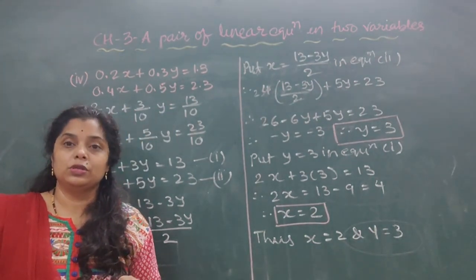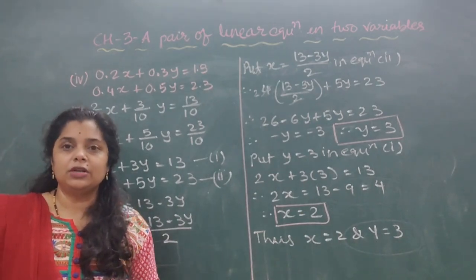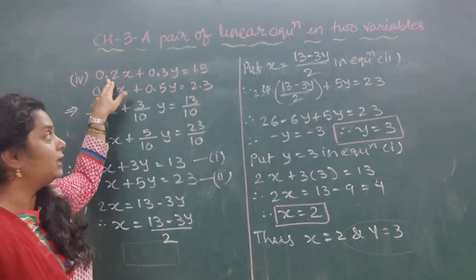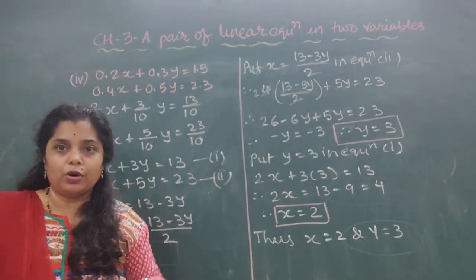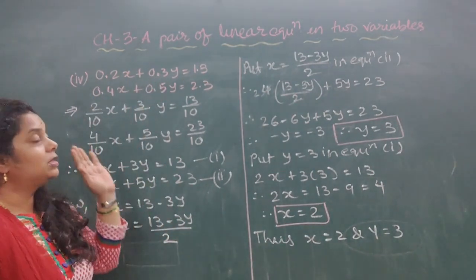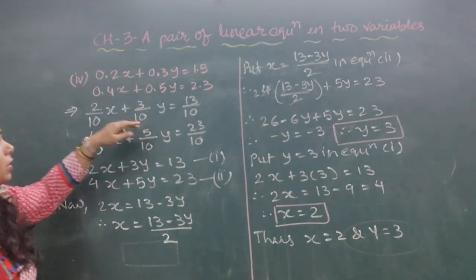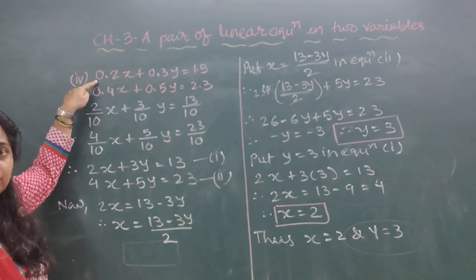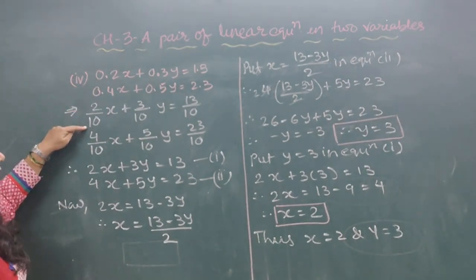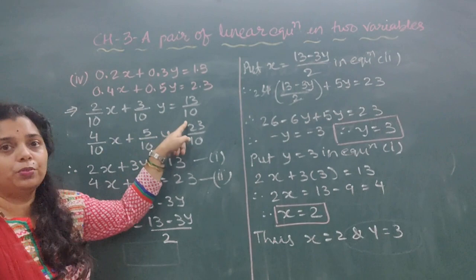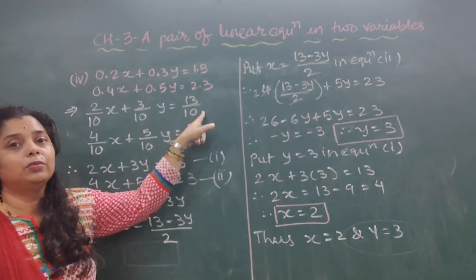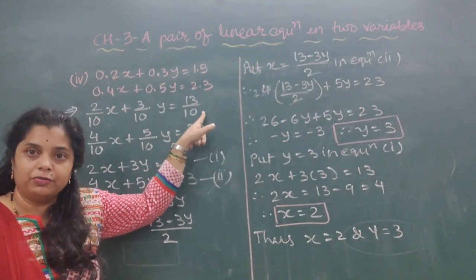So you have to use smart work here. Instead of converting x into decimal point or getting the y value in decimal point, for simple calculation we do this type of simplification. Instead of 0.2, I have taken 2 by 10. As 10 is the denominator in all terms, I will remove 10 as a common factor.